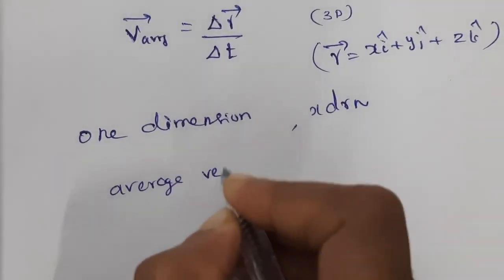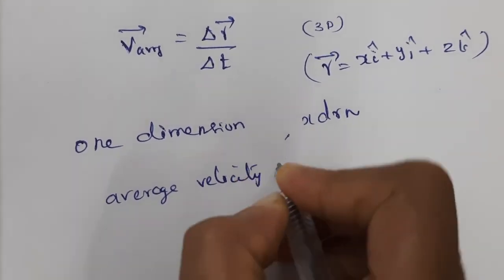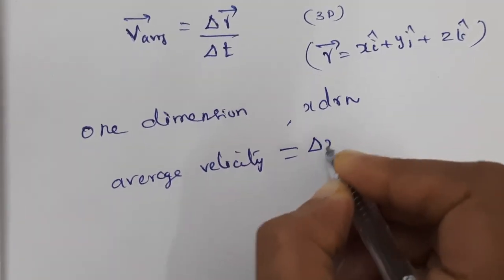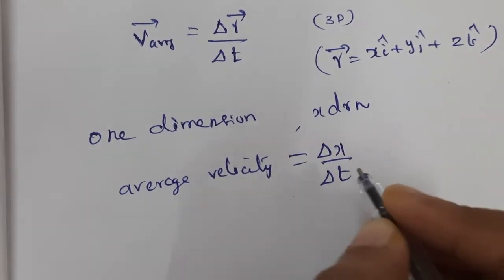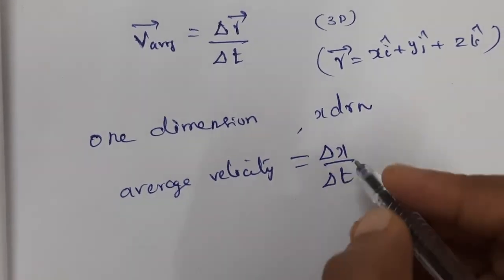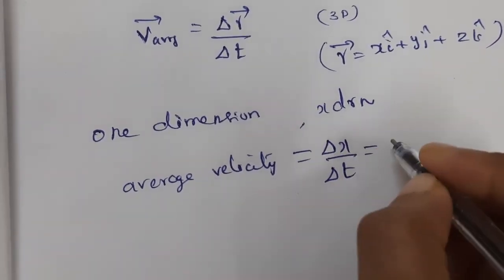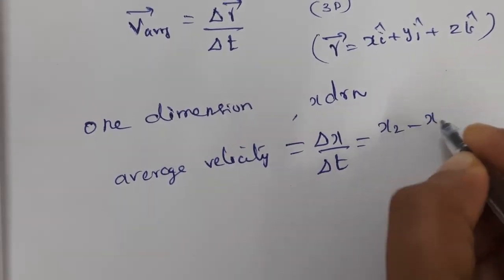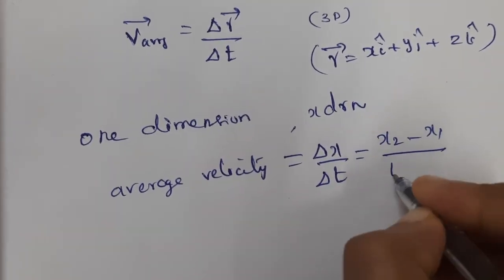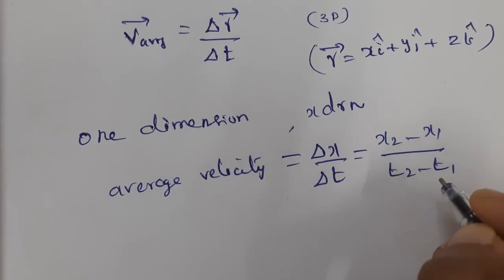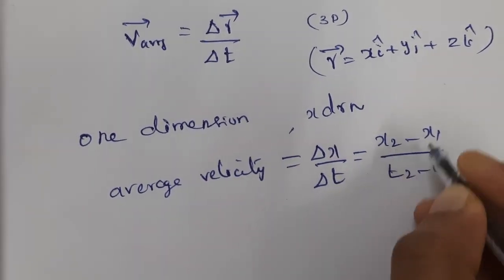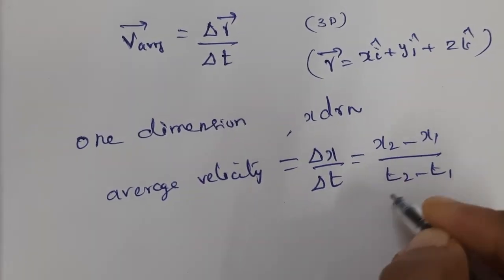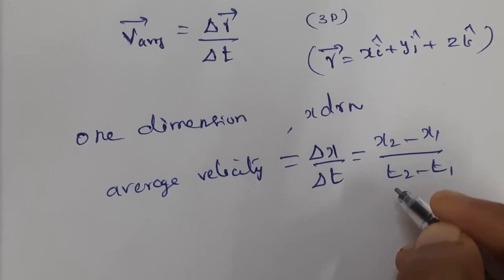The average velocity is equal to delta x by delta t. Only one of the coordinates is involved. What is delta x? That is x2 minus x1 by t2 minus t1, that is delta t. This is also a vector quantity.